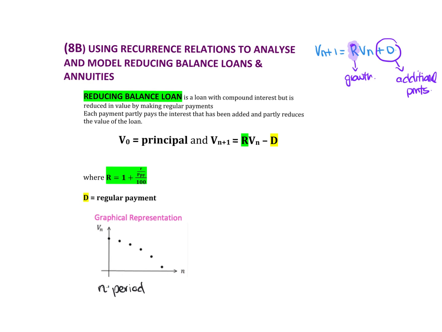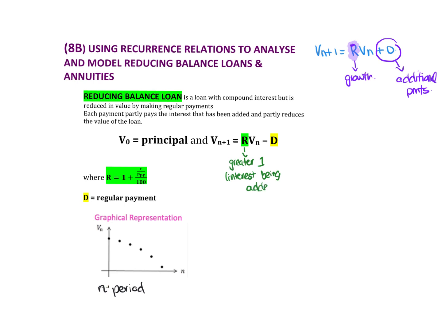Because we borrow money from the bank, this R value, the bank wants to make money off us, off the lending. So this number will be greater than 1 because it's going to add interest on it. So it'll be the interest getting added to it, and that's compound interest.